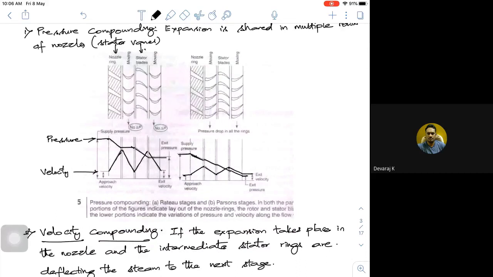That means the velocity will increase in the stator, then the velocity will decrease in the rotor. Then for the next two stages, in the stator the velocity will increase, then get absorbed, and in the following stator the velocity will remain constant.